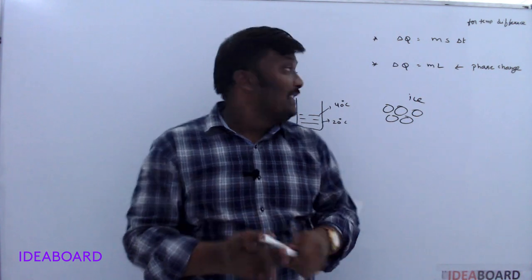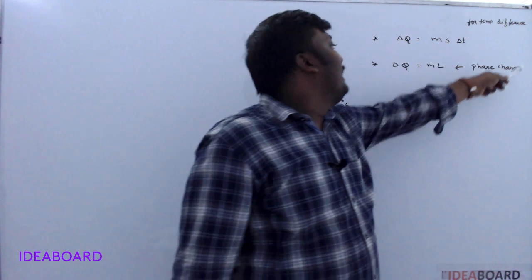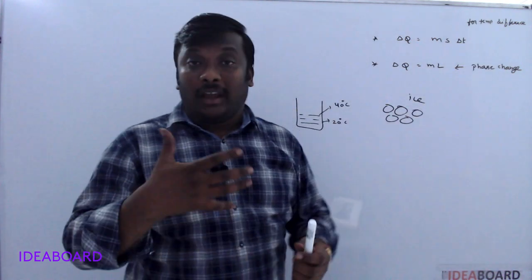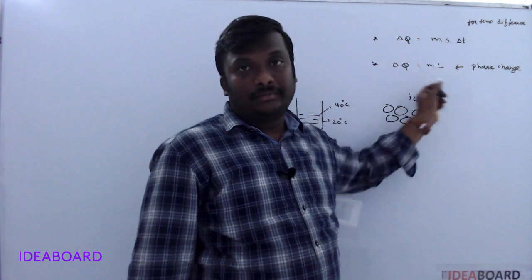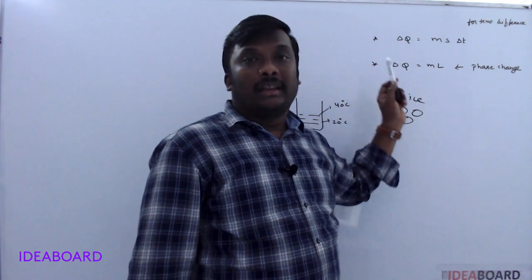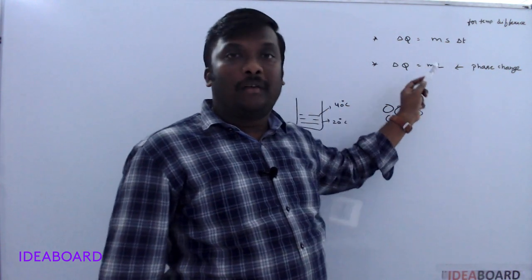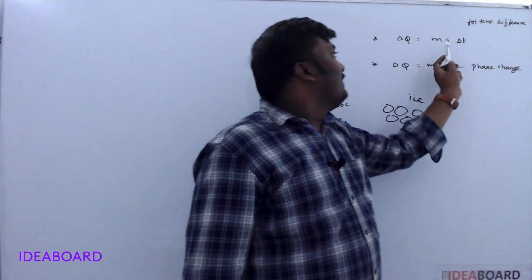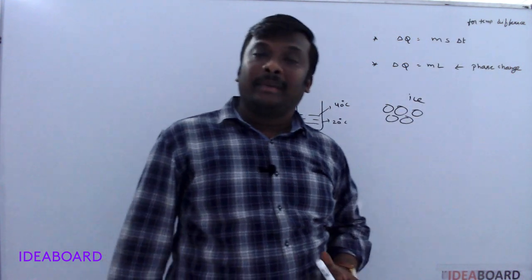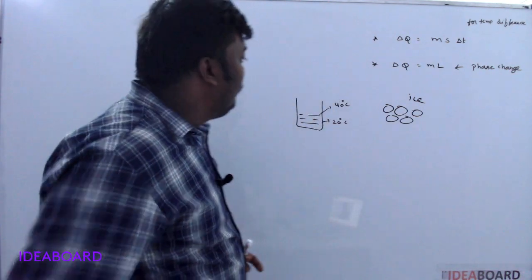Does the phase change here or not? The phase changes. So at the time of phase change, how much heat is absorbed by the ice? The formula is ml. When the state or phase changes, use the formula ml. For the same state with only a temperature difference, use the formula ms delta T. Understand?